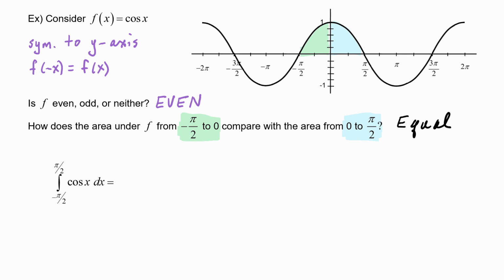And that's why when we are doing a symmetric integral of an even function, remember cosine is even, instead of having to integrate from negative pi over 2 to positive pi over 2, from here all the way to here, what we can do instead is integrate from 0 to pi over 2 and then just double that.